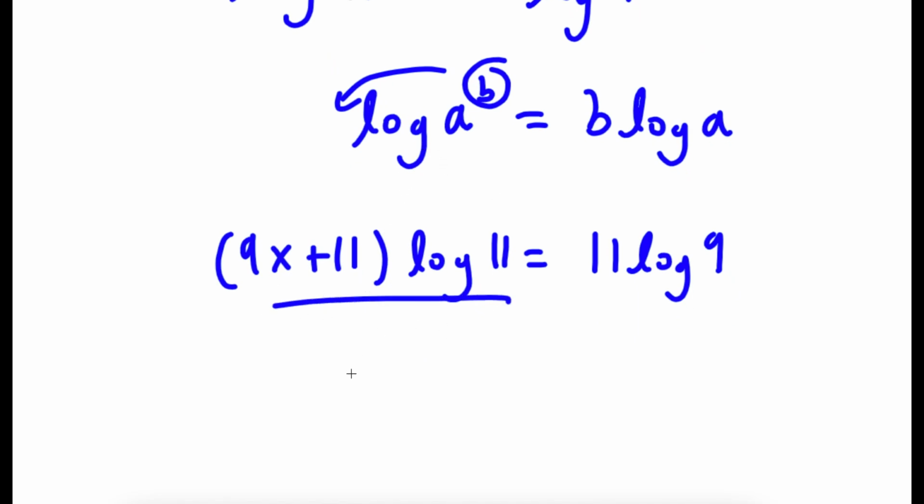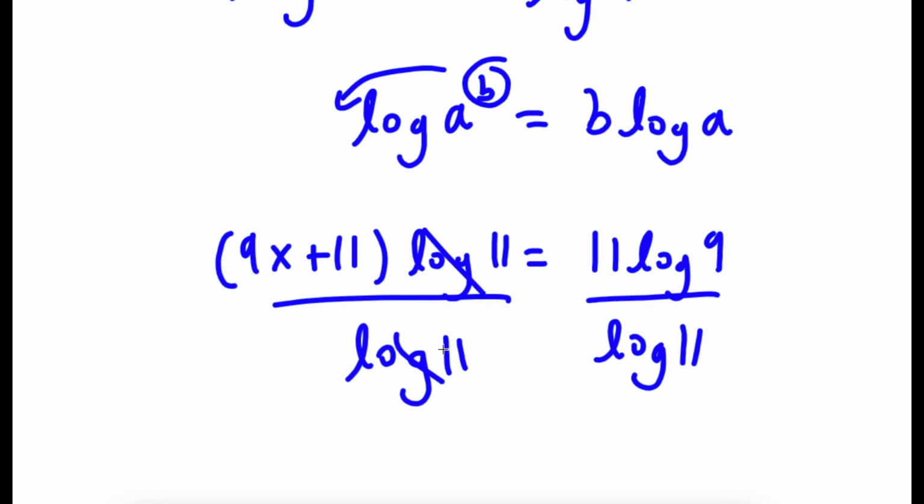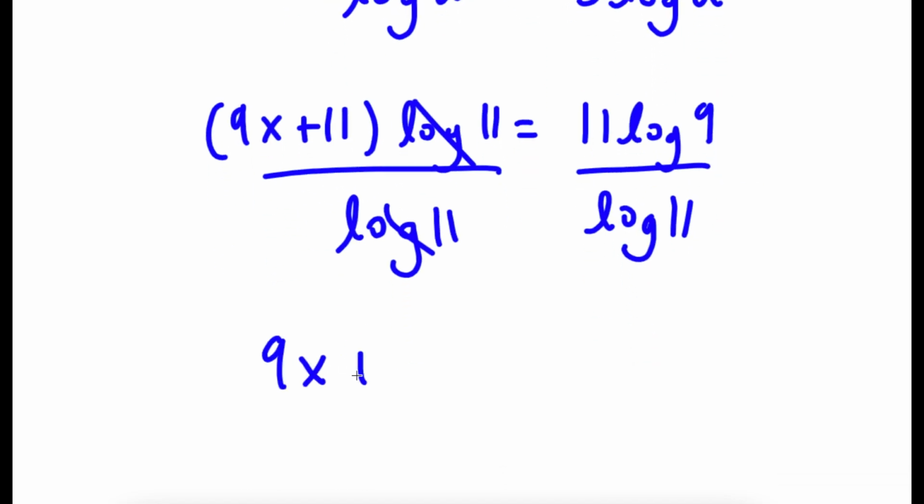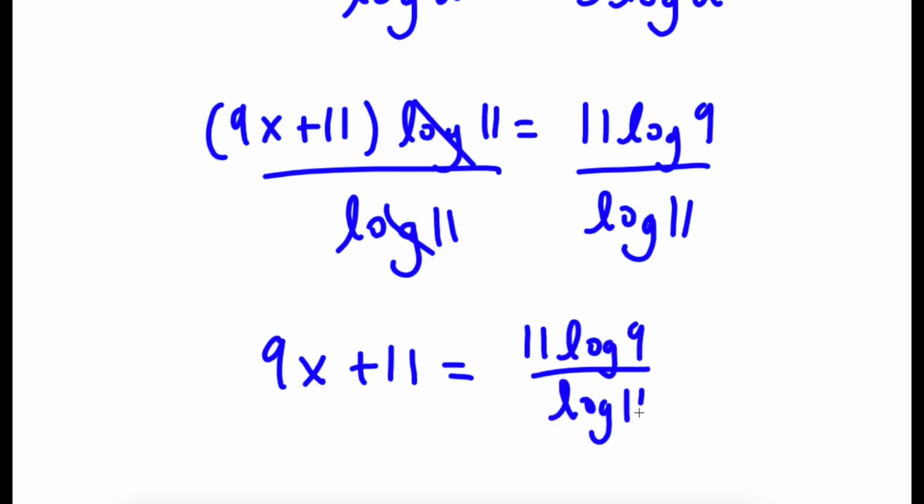Now if I divide both sides by log 11, these two cancel out, and I have 9x plus 11 is equal to 11 times log 9 over log 11.